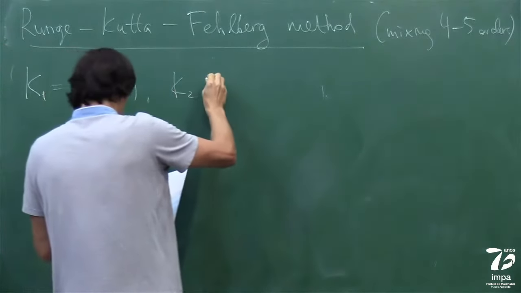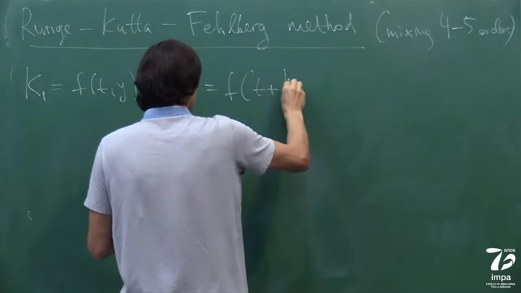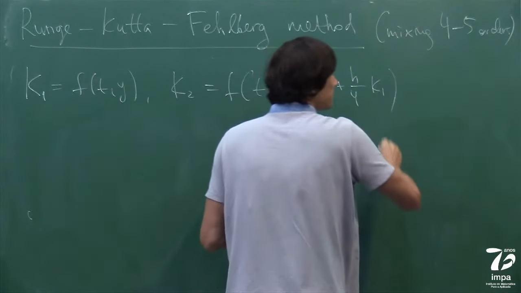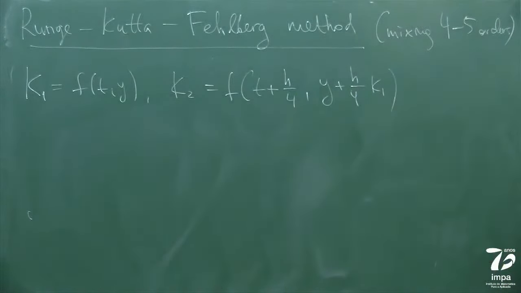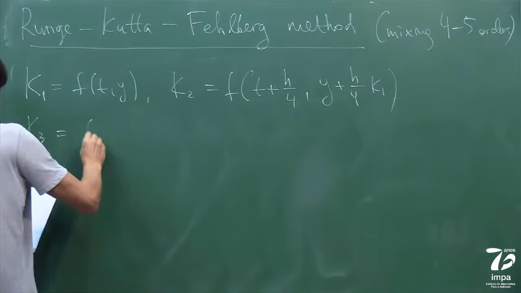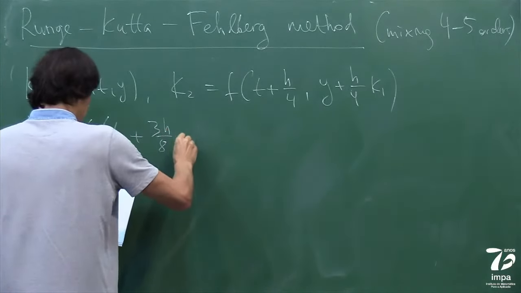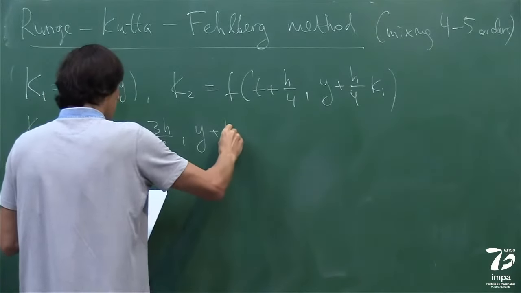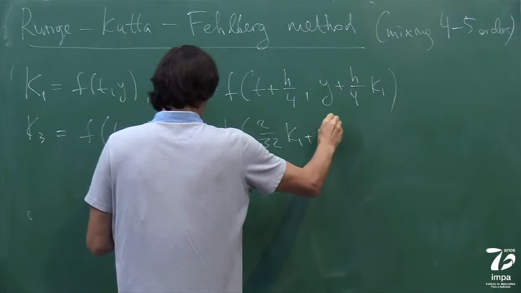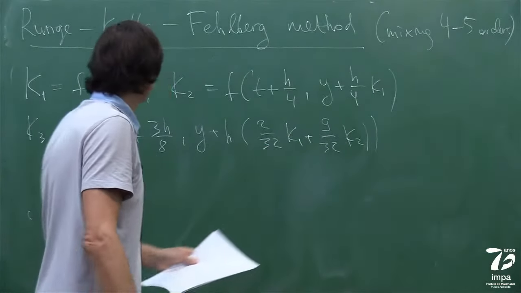Then k2 already becomes a composition of k1, and it's different. You see, it's h over 4. And then there is k3. I'll show the next term just for you to see that it's becoming more complex every time. You see, it's a composition with a linear combination, and so on.